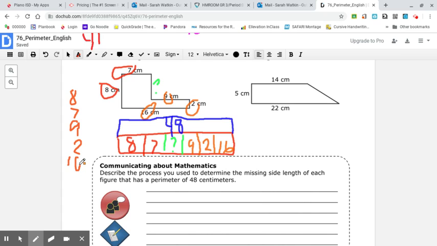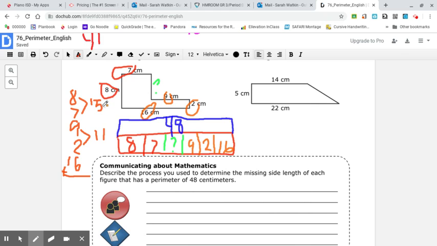Now, you don't have to do a long column. I played Yahtzee a lot when I was a kid, and that's a great game to play to practice adding columns. So 8 plus 7 is 15. 9 plus 2 is 11. And then we have a 6 down here.